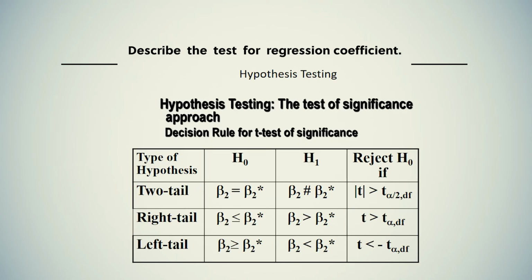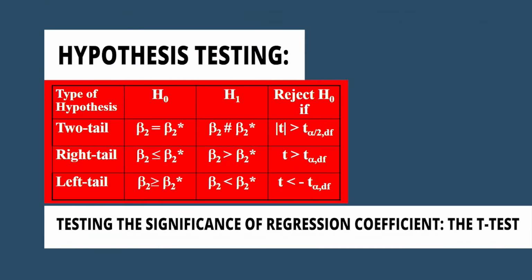Whenever we go for a tabular representation of hypothesis testing, we go for some kind of decision rules. Given that the variance of the disturbance term is unknown, we go for the two tail, right hand tail or left tail. As we follow in a normal testing procedure, we have the H naught.